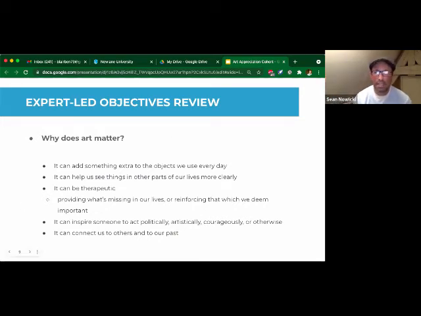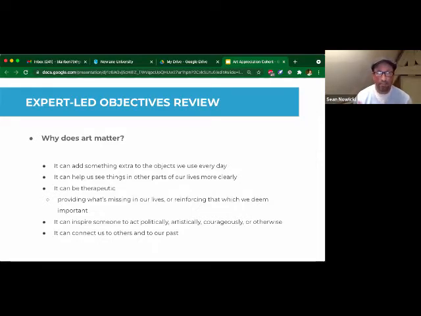It can help us see things in other parts of our lives more clearly. It can be therapeutic. And that way it can provide what's missing, or it can reinforce things that we think are important. It can inspire us to act politically, artistically, courageously, otherwise. It is inspirational.